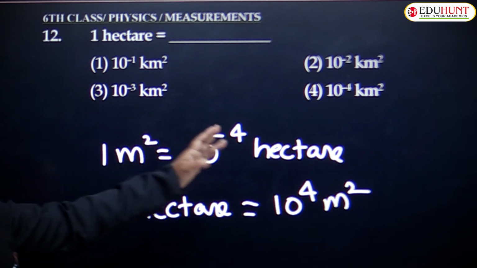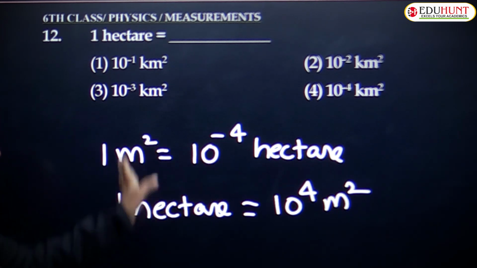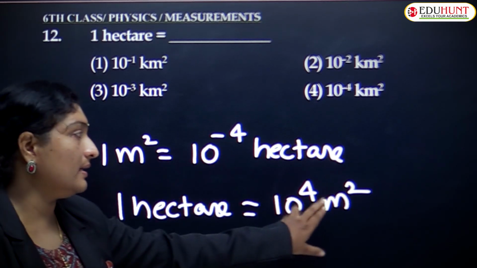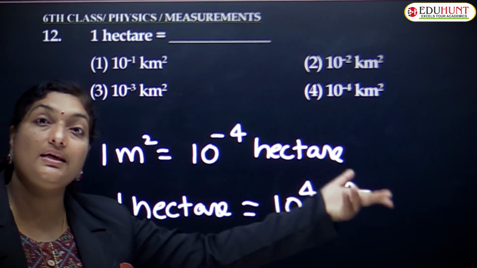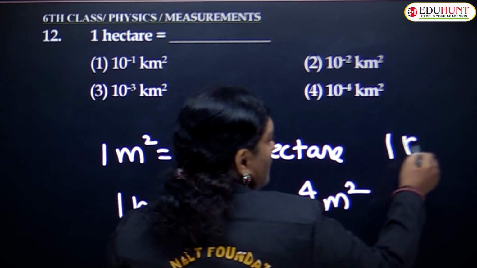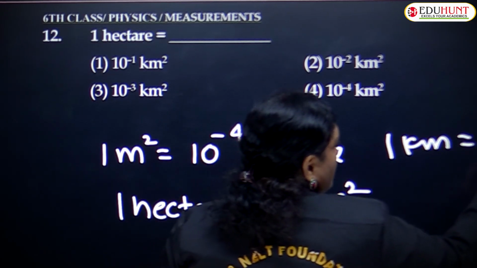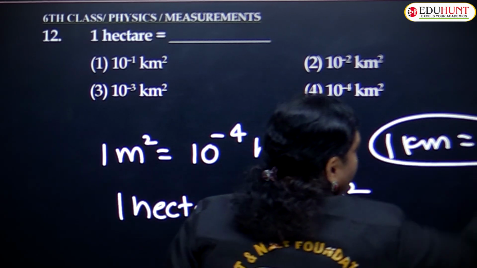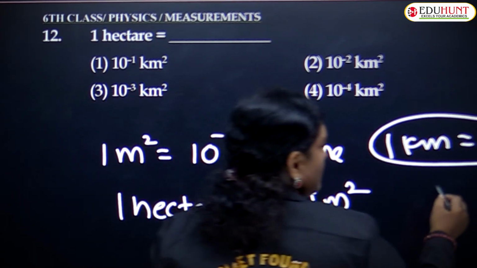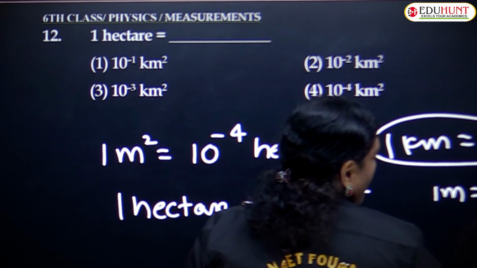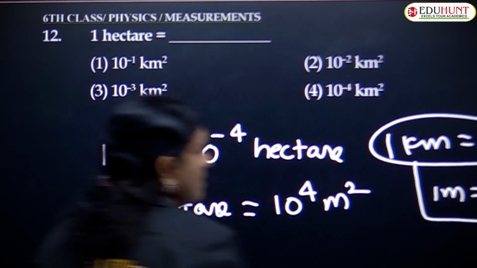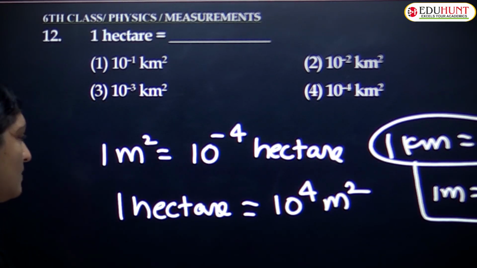So 1 meter square is 10 power minus 4 hectares, whereas 1 hectare is 10 power 4 meters square. We would like to convert hectare not in meter square, it should be converted in kilometer square. But we remember that 1 kilometer is equal to 1000 meters. Yes or no? Or 1 meter is equal to 1 by 1000 kilometer.